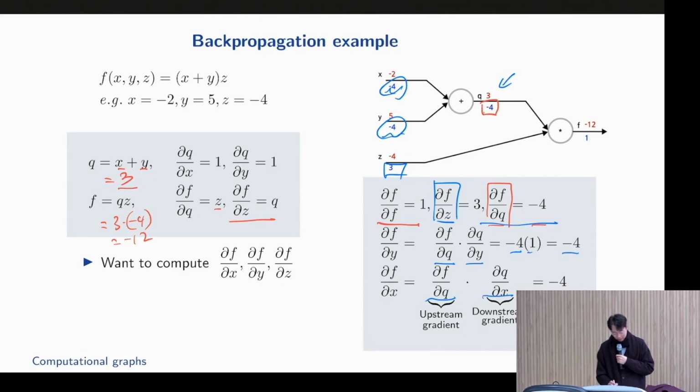So here, what we've done in this step is we have used the pre-computed df dq and used the chain rule. From the perspective of this computation node, this guy is called the upstream gradient, and these two guys are called downstream gradients.